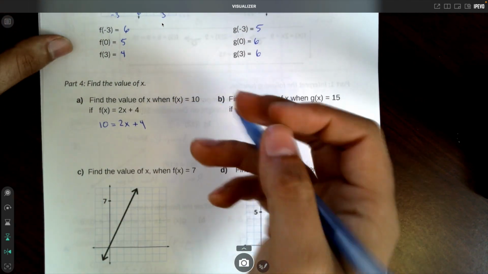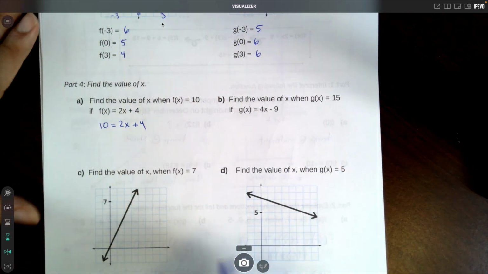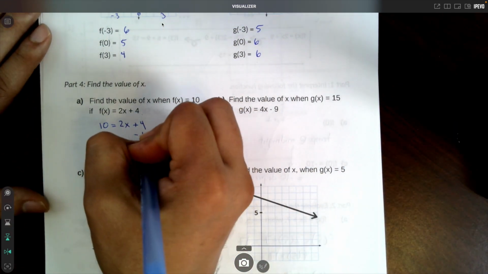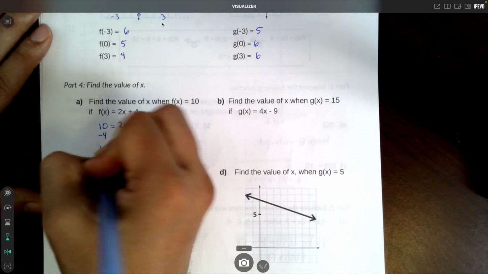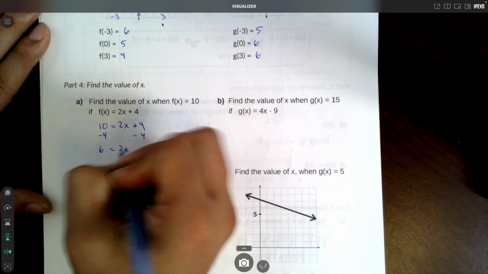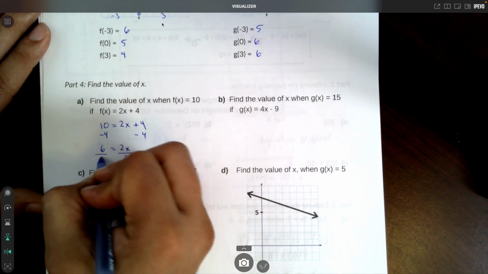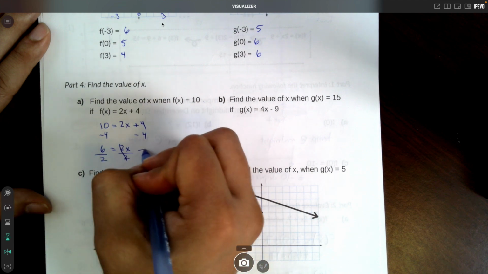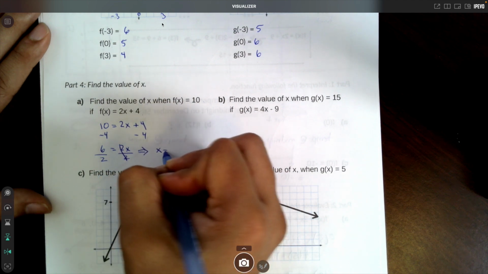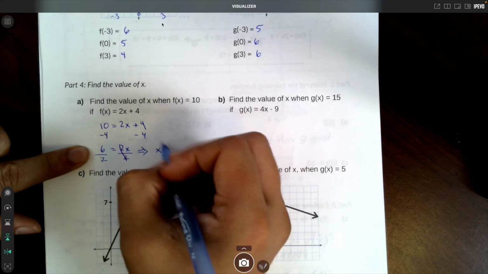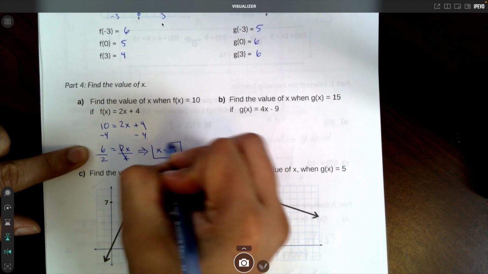And now we just got to work our way back like how we did in algebra class. So minus 4 to both sides. 6 equals 2x. We now divide both sides by 2 to get rid of that 2. These cancel, and I'm left with x equals, what's 6 divided by 2? 3. So what does this mean?